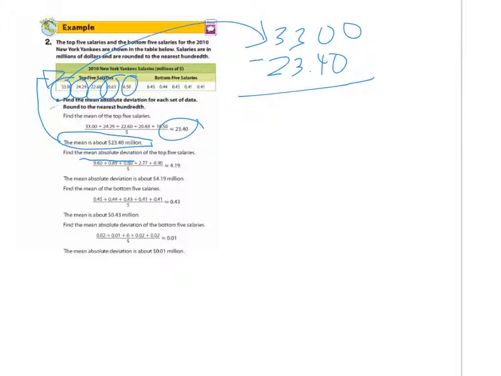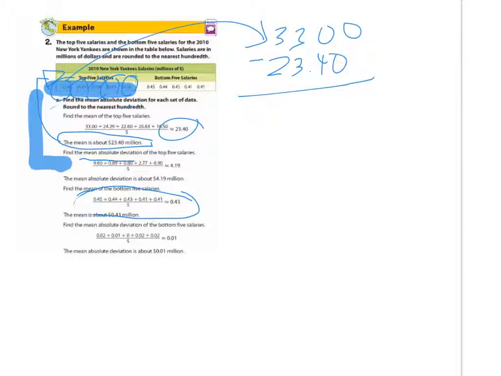Once you subtract each single one, you get these numbers, 0.45, 0.44, and so forth. There they are. And now, don't forget you have to subtract each of these numbers at the very top, right here. That's where they got these numbers.